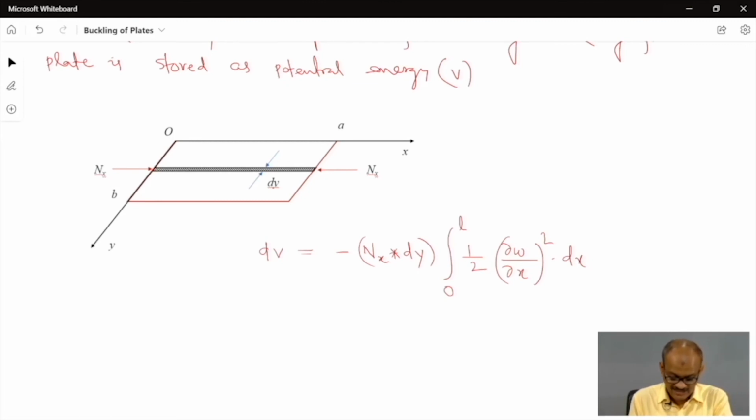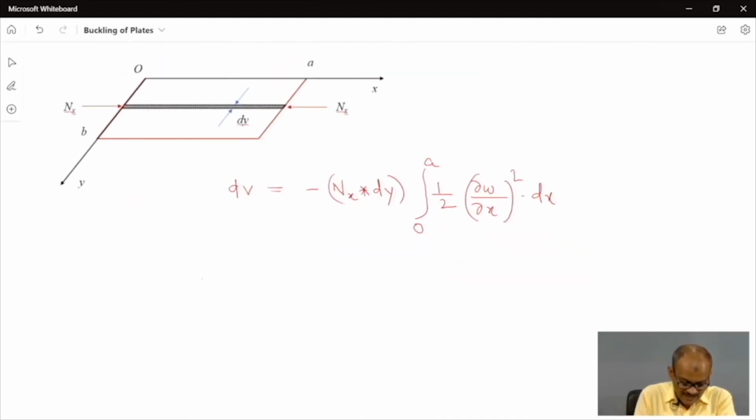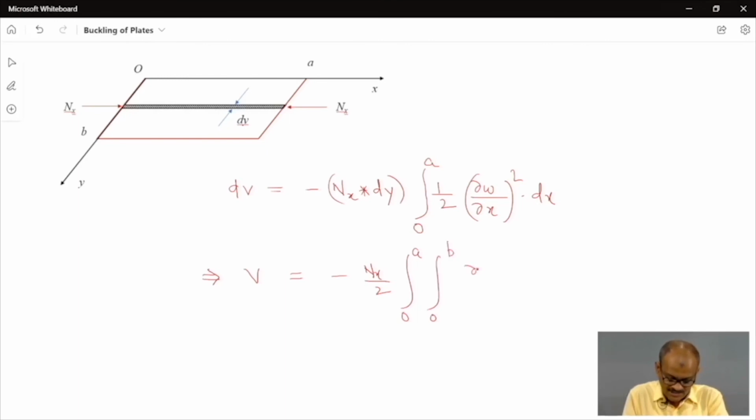We are integrating from 0 to a, since the span is a. If you integrate the complete work done because of this external load, V is equal to minus Nx/2 integrating 0 to a and 0 to b, (∂w/∂x)² dx dy.